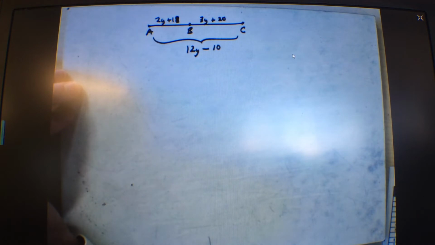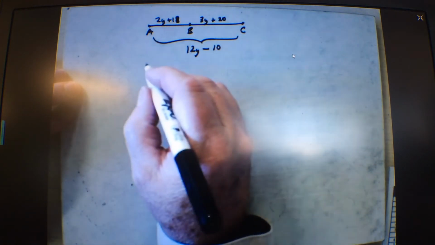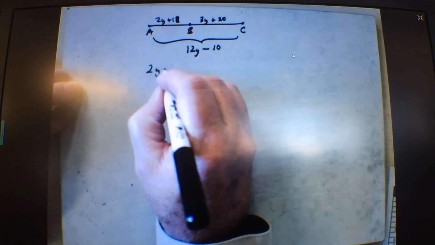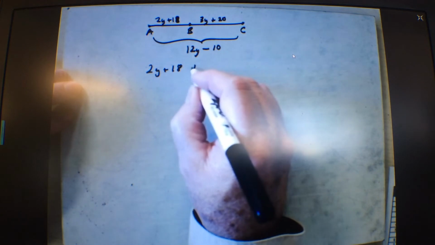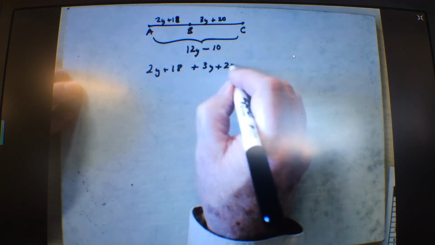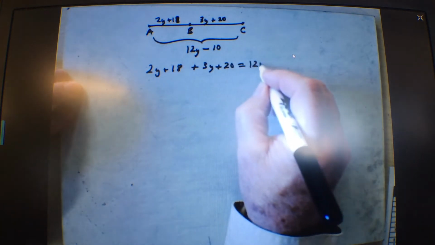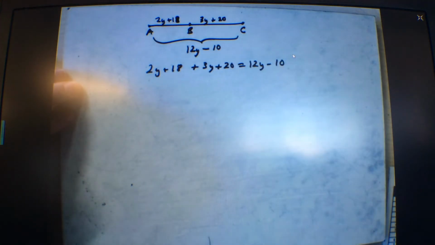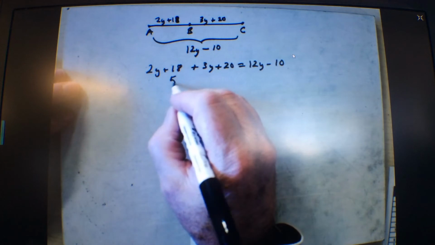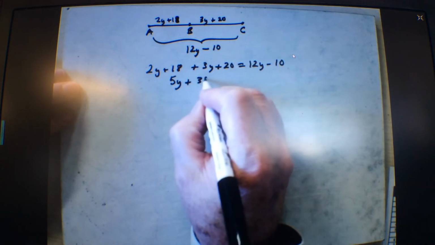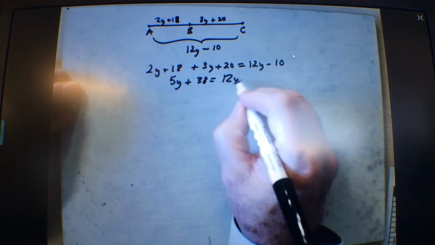So how would I set this up, Connor, to solve for y? 2y plus 18 plus 3y plus 20 equals 12y minus 10. It's probably not going to come out right, but 5y plus 38 equals 12y minus 10.